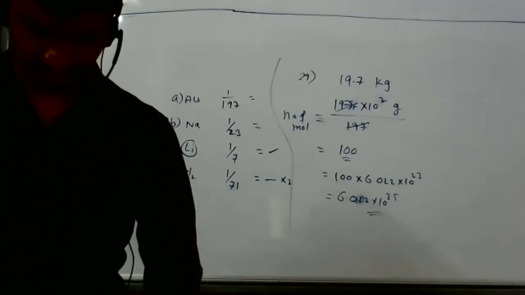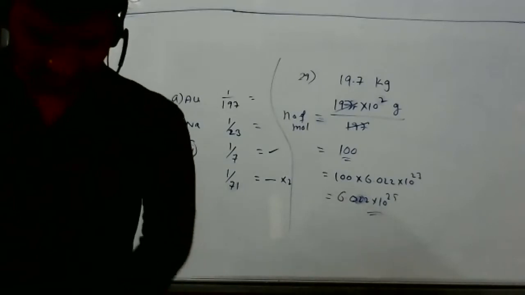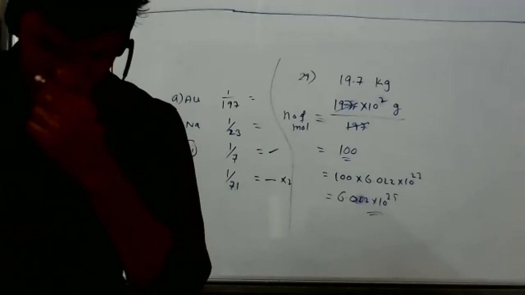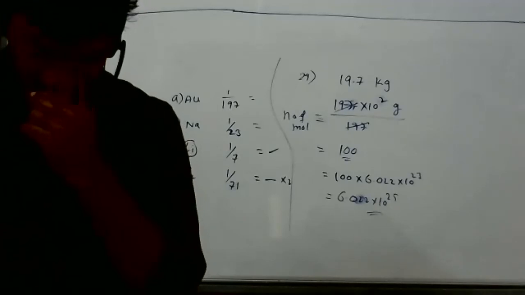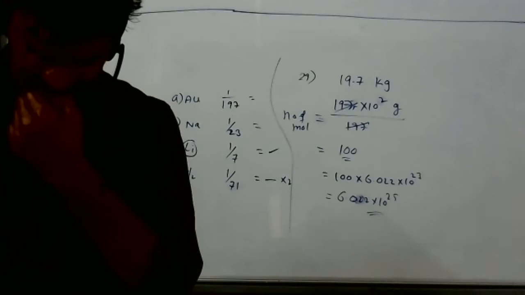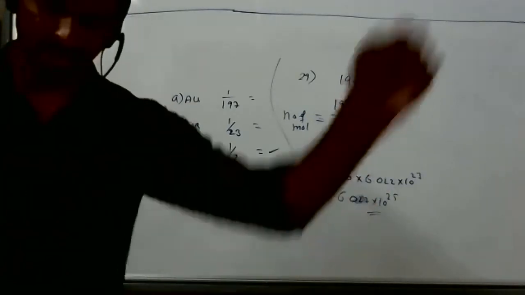B: 22.4 liter at STP of nitrous oxide and 22.4 liter of nitric oxide. C: 1 millimole of HCl and 0.5 millimole of H2S. D: 1 mole of H2O2 and 1 mole of N2O4. Equal number of atoms.